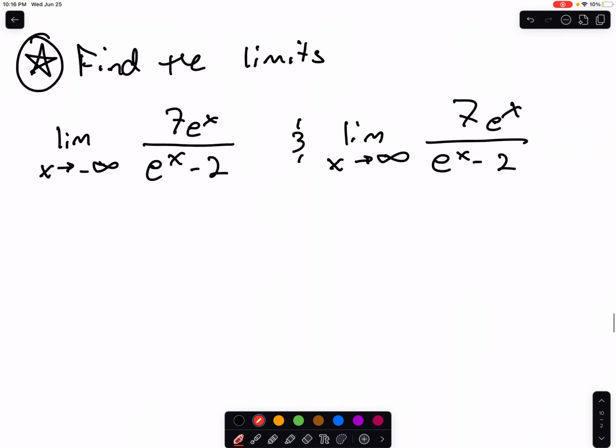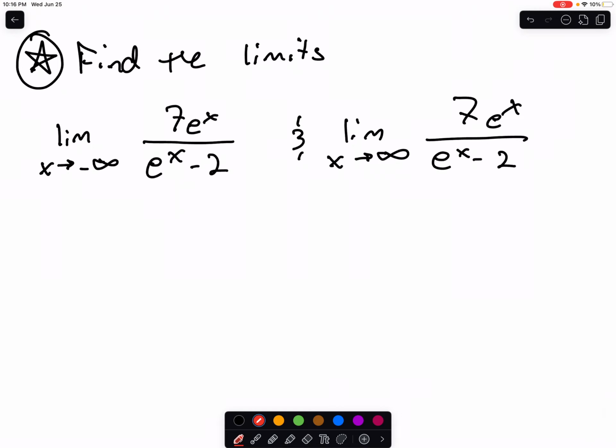Okay. And then to find the limit as x goes to plus or minus infinity. I'm going to start with the plus infinity first because it's just easier for me. Let me see, can we do something similar to what we did before? If we factor out e to the x from all the terms, right?